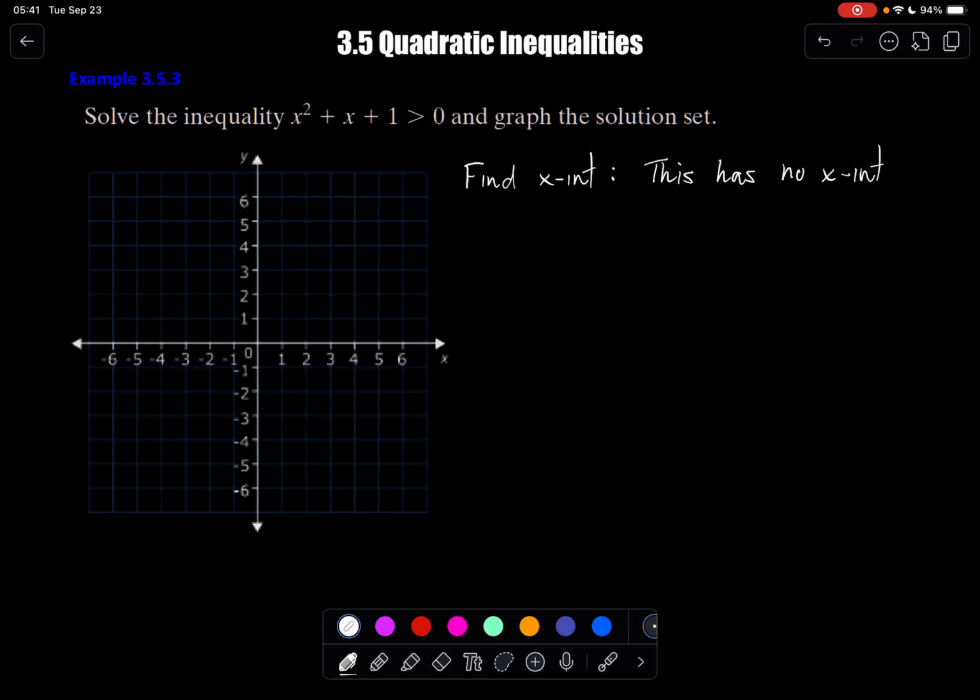So you might pause for a moment and see if you can figure out why this is going to have no x-intercepts. The reason we can do this is we can just check the discriminant, again, which is that term b squared minus 4 times a times c.